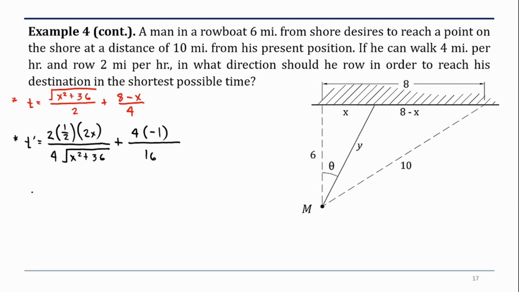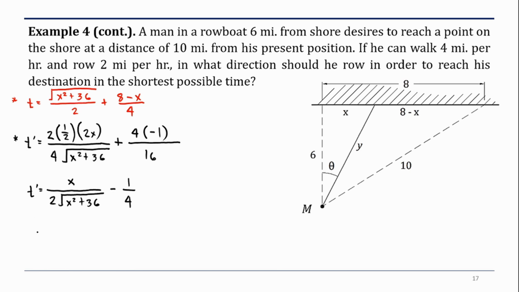Simplify, we have t prime now is equal to, cancel yung 2, may iwan yung 2 sa baba, tapos may iwan yung x sa taas, so we have x over 2 square root of x squared plus 36. Then plus, simplify natin, 4 times negative 1 may negative 4, so dapat pala ay negative ito. So negative 4 over 16 ay 1/4. So 1/4. Okay, we have now yung derivative natin.